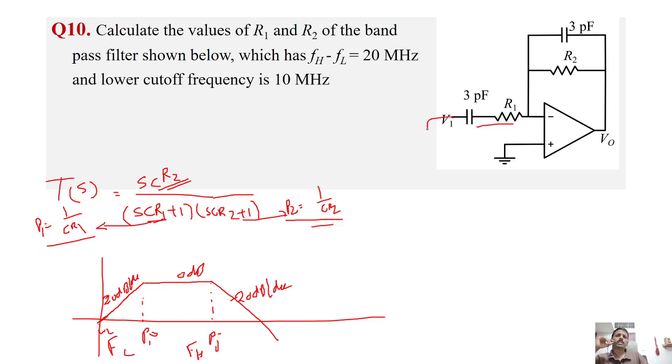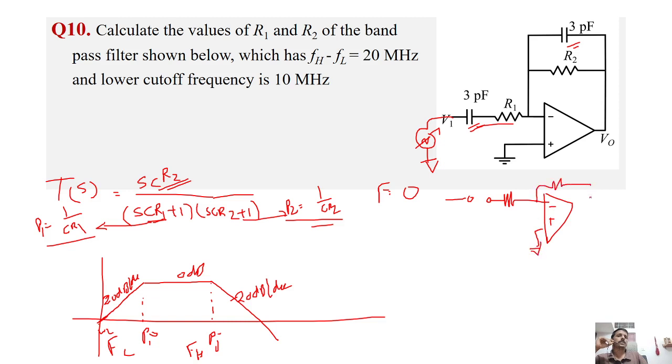Suppose I am giving a sinusoidal source, and its frequency is varied. If the frequency is 0, the impedance across the capacitor will be high, like infinity, so it will be open.